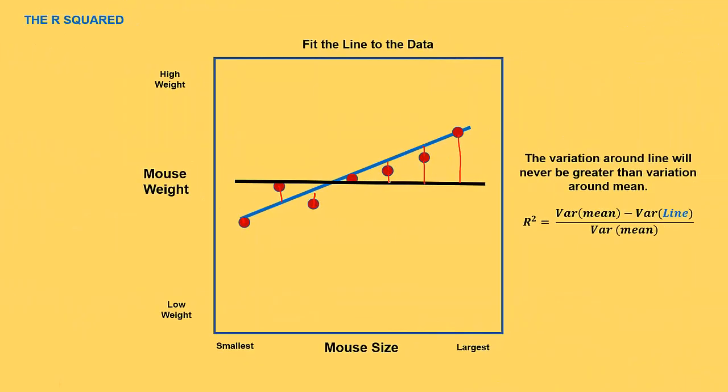You can easily observe the variation of the data from the blue line is smaller than the variation of the data from this average line.